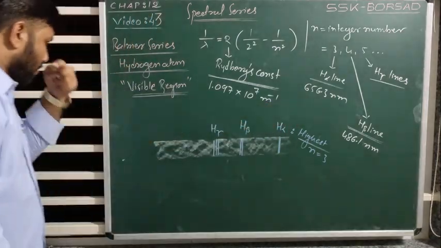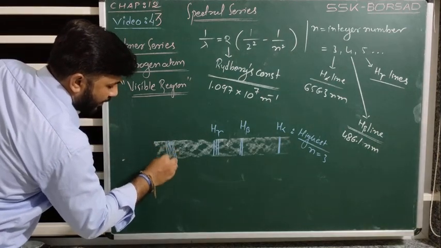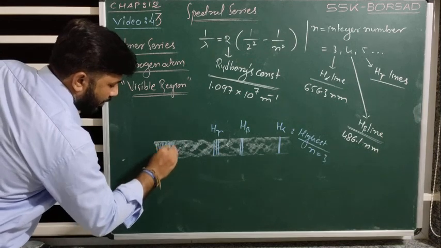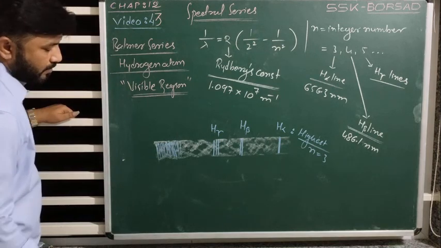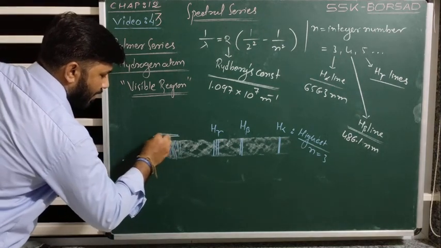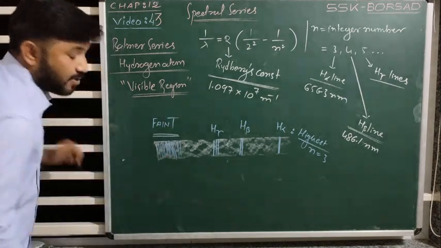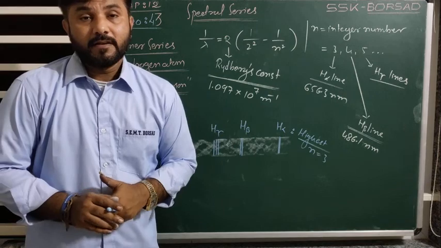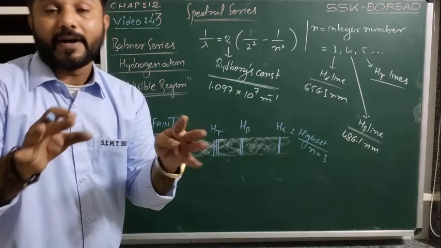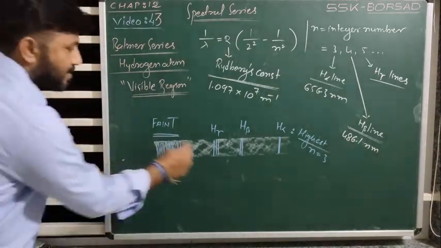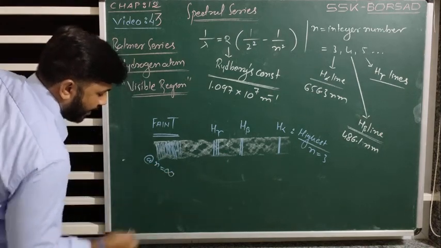Then and so on, as you go further, you will get the region where the lines are very close. So this region appears faint. There is no distinction between lines, right? The lines are too close. It is very difficult to separate them also, right? And this you will obtain at n is equal to infinity.